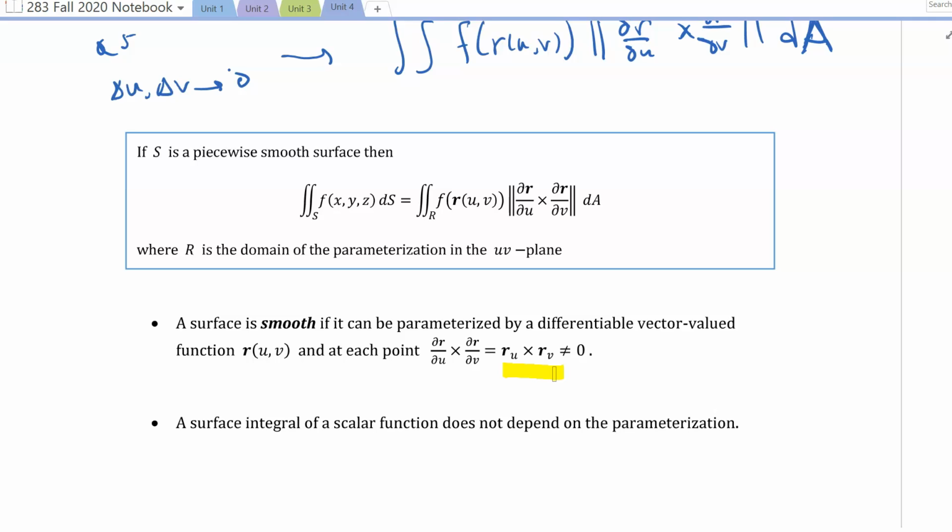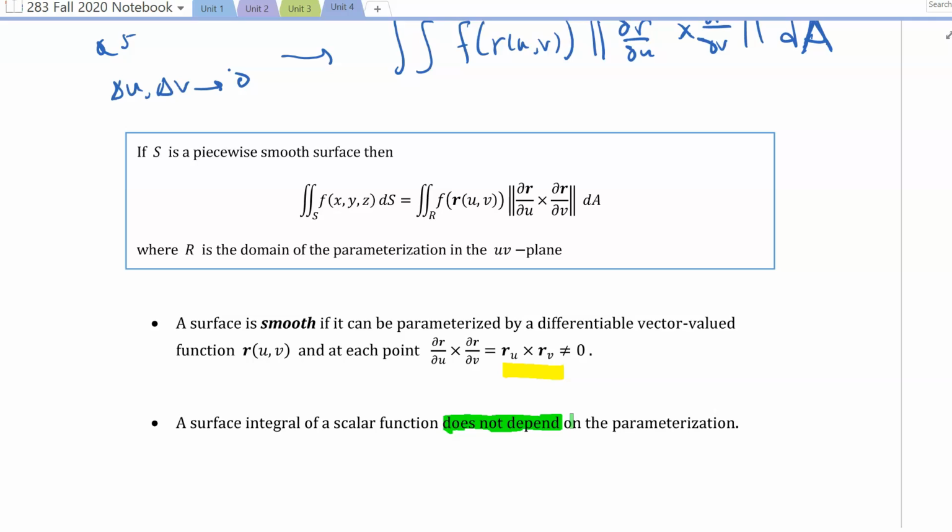Again, that kind of eliminates the possibility of corners or cusps in the surface. One other thing to note as well is that a surface integral does not depend on the parameterization. If we change the parameterization, as long as it describes the same surface, then for a general scalar function, the surface integral will not depend on the parameterization.